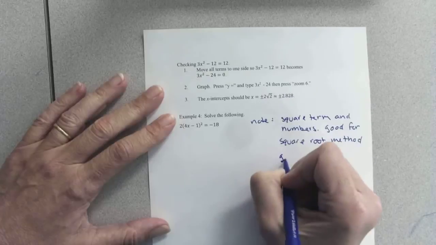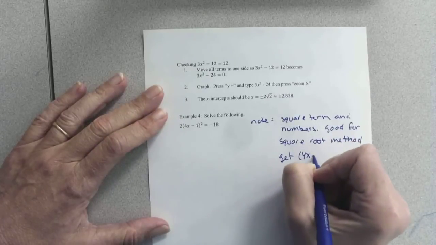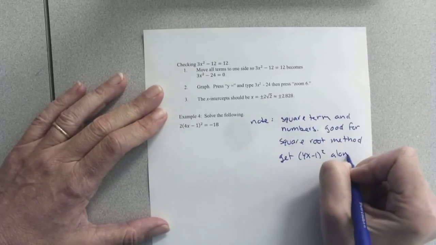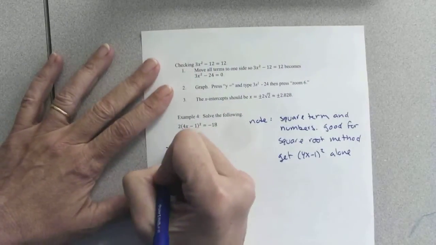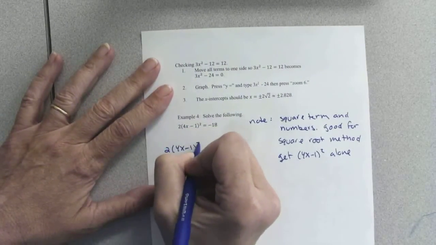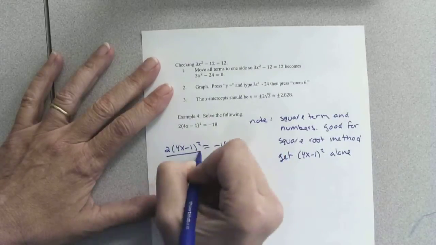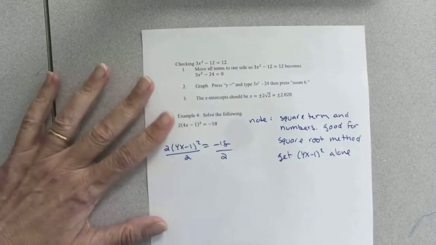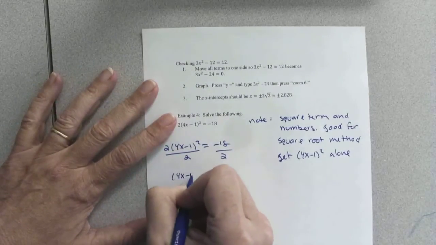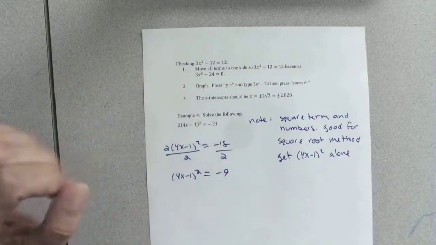So my first step will be to get whatever's squared alone. That's not going to be too bad. So divide both sides by 2. And so I get 4x minus 1 quantity squared equals negative 9.